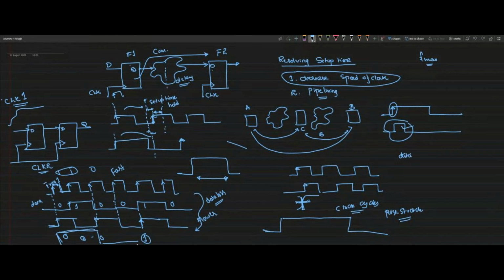If it is data, then I may have to go for something called FIFO synchronization. In FIFO synchronization, what we will be doing is taking an asynchronous FIFO.